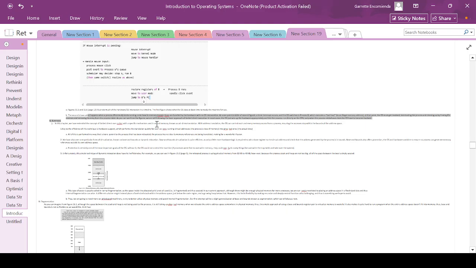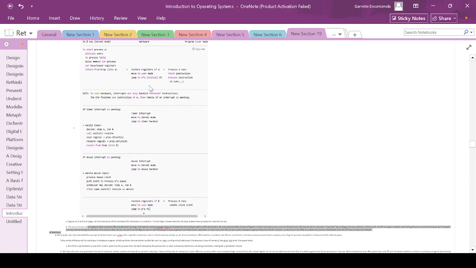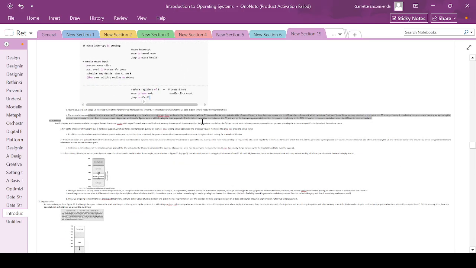Note how its memory translations are handled by the hardware with no OS intervention. So here, as you can see, the memory translations are handled by the hardware with no OS intervention.